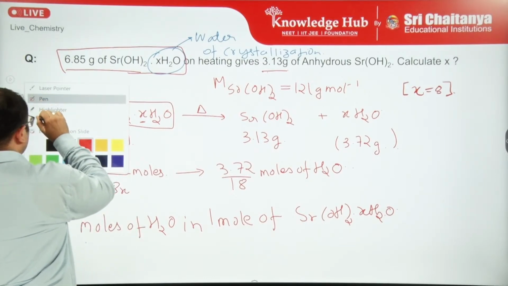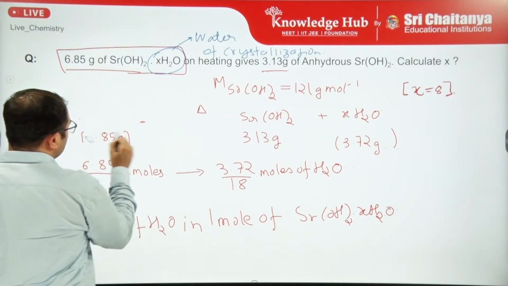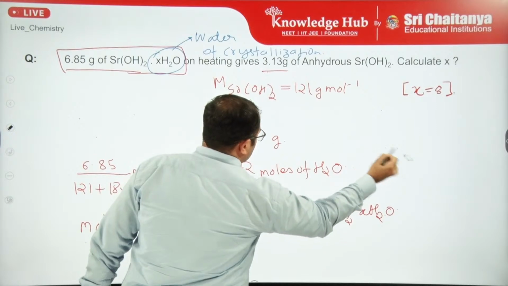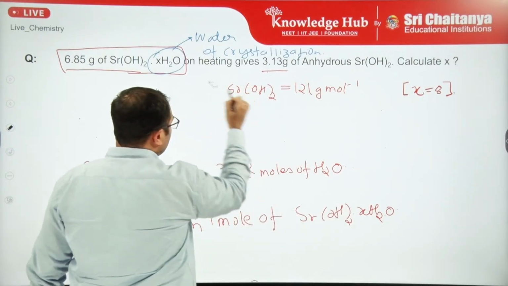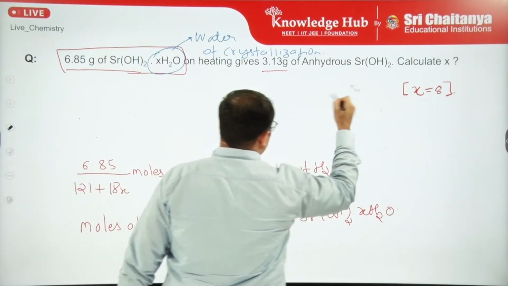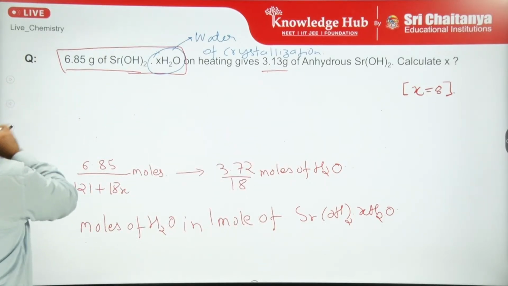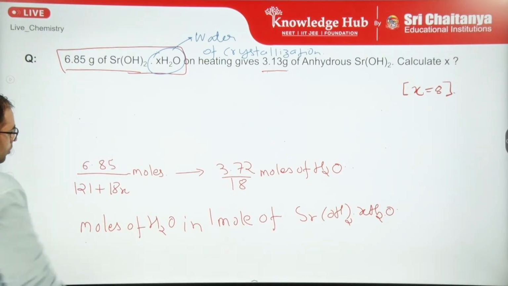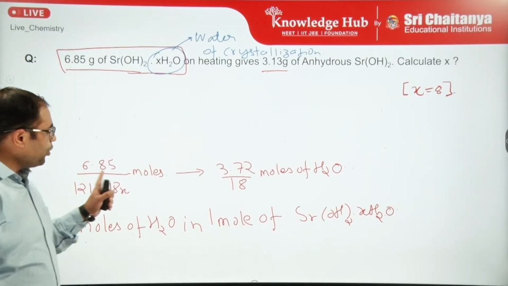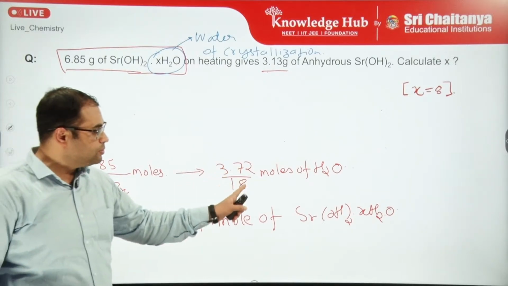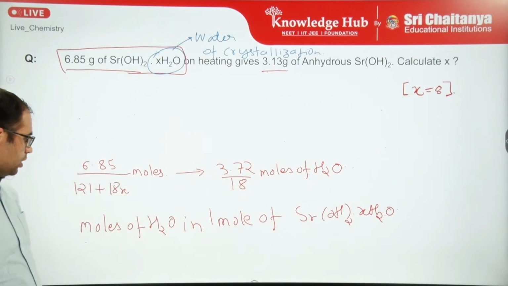Let me just erase the upper part and see, purely based on the unitary method, I am going to solve this now. So 6.85 by 121 plus 18x gives you these many moles of water, right?